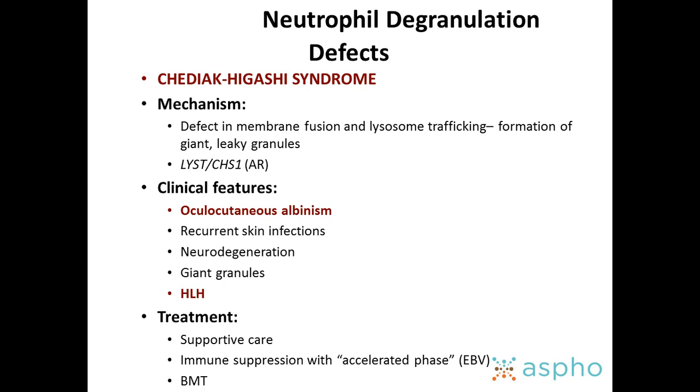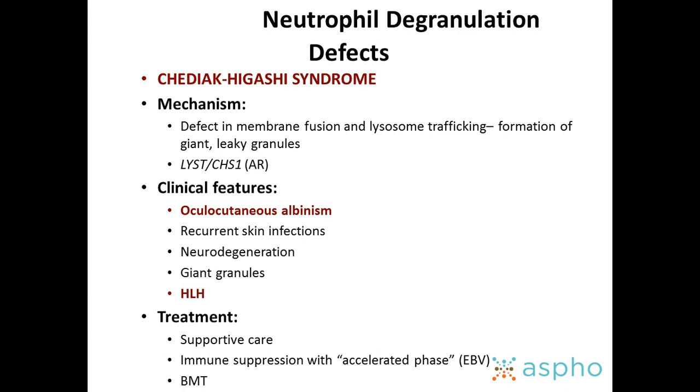So basically, it's a mutation in LYST is the primary gene name. Sometimes it's still called Chediak-Higashi syndrome 1 gene. You get a defect in membrane fusion and lysosome trafficking, so you end up with these gigantic inclusions in basically all of your phagocytes. There's also oculocutaneous albinism, recurrent skin infections, and neurologic deficits associated with this.